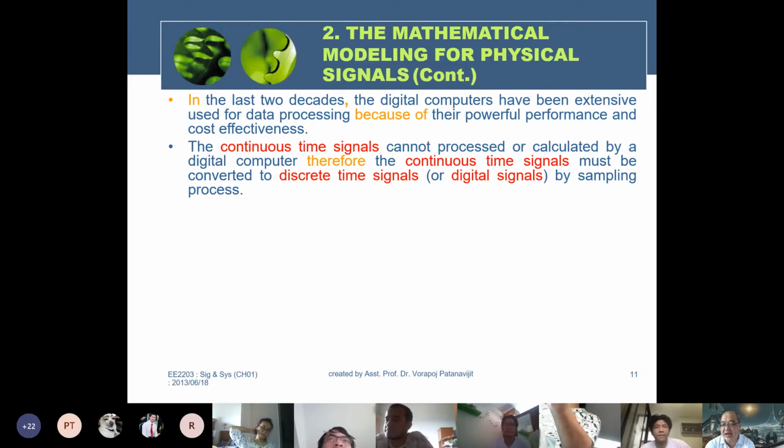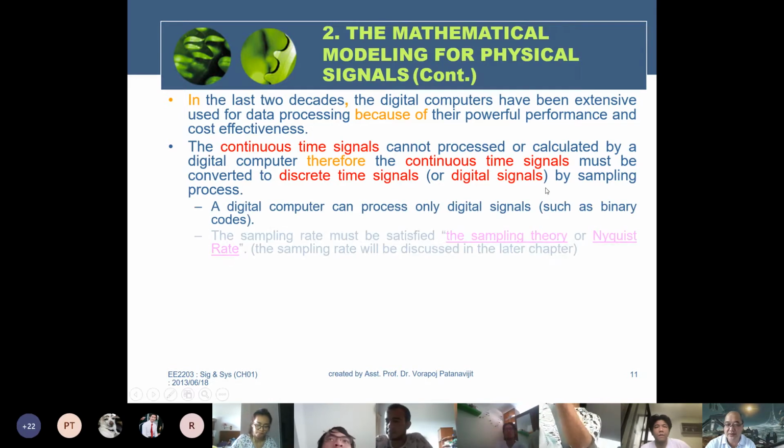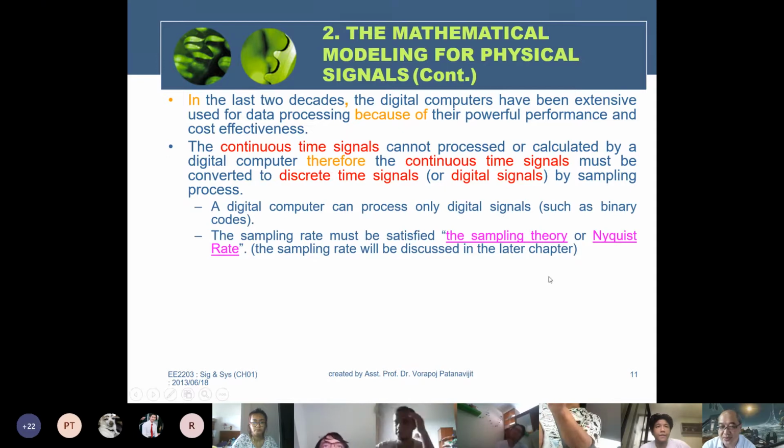Therefore, the continuous time signal must first be converted into the discrete time signal or digital signal by the sampling process. The digital computer can process only the digital signal, such as binary code. The sampling rate must satisfy the sampling theory or the Nyquist rate. The sampling rate will be discussed in a later chapter.